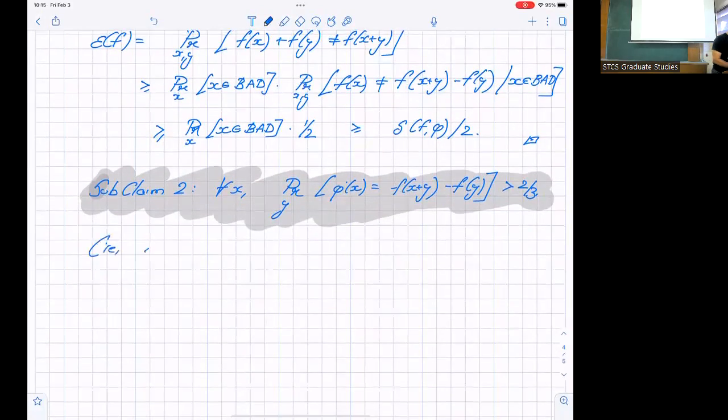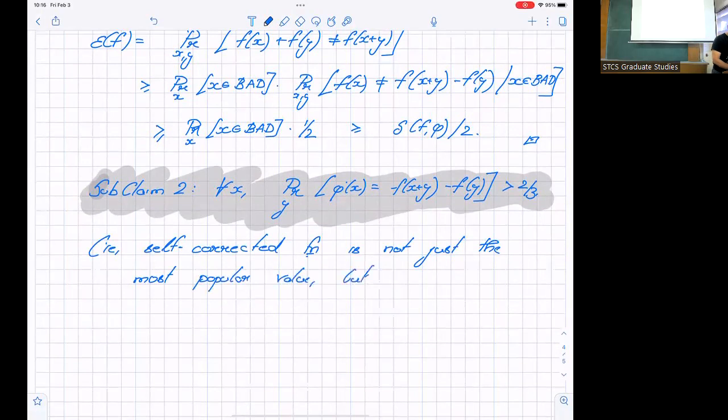That is, the self-corrected function is not just the most popular, in this case the majority value, but actually the overwhelming majority.